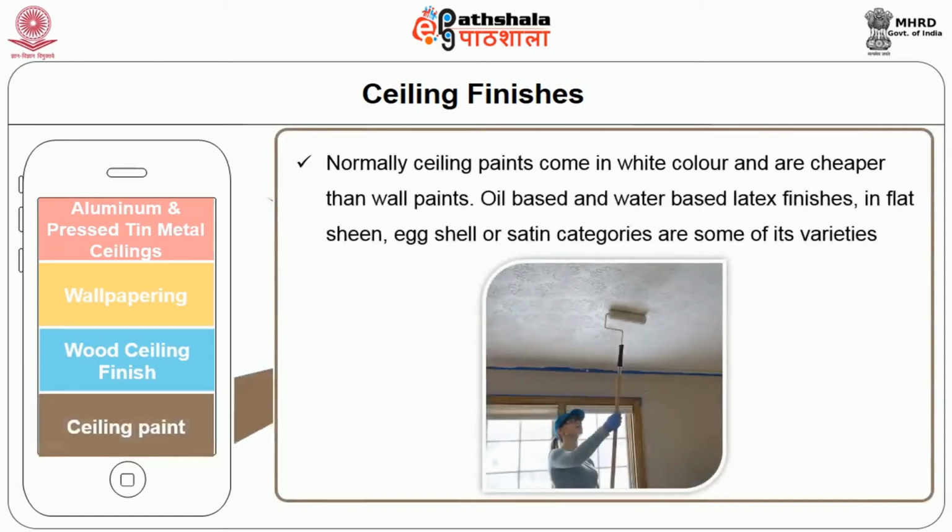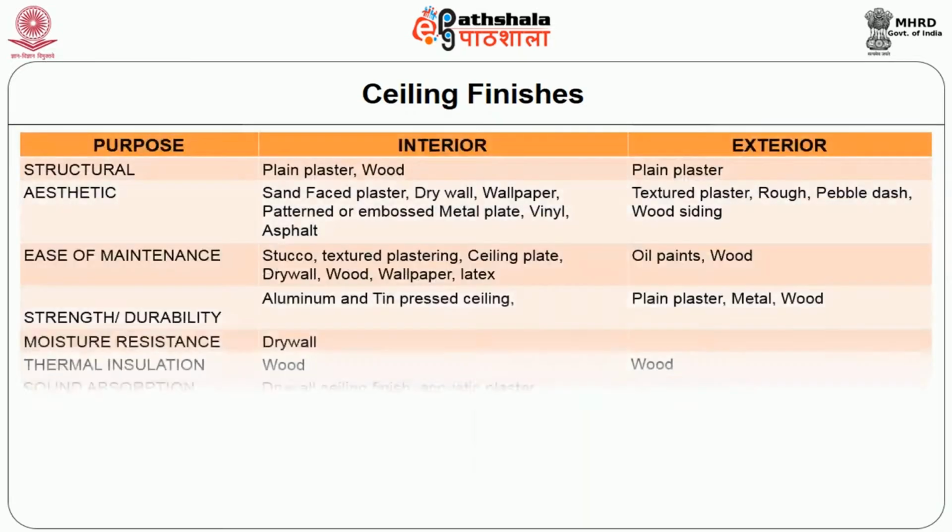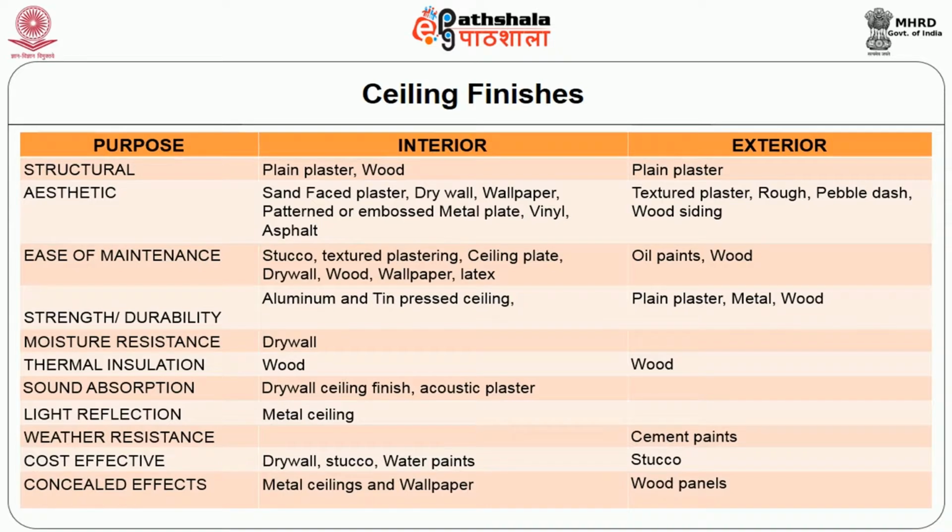Ceiling paint. Normally, ceiling paints come in white color and are cheaper than wall paints. Oil-based and water-based latex finishes in flat sheen, eggshell or satin categories are some of its varieties. The table below shows us the various types of ceiling finishes based on the different purposes in the interiors and exteriors.